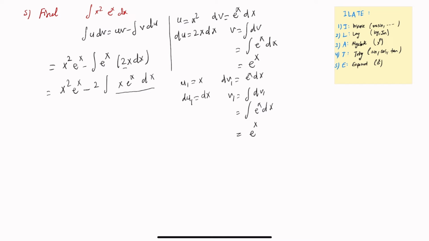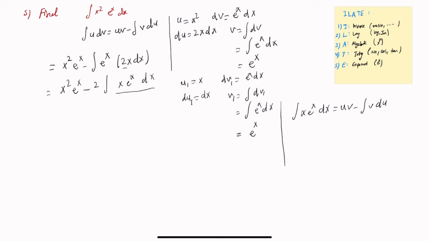Now we are ready to use integration by parts in here. So we'll have the integral of x e to the x dx. This is going to be equal to uv minus the integral of v du. This is by integration by parts.